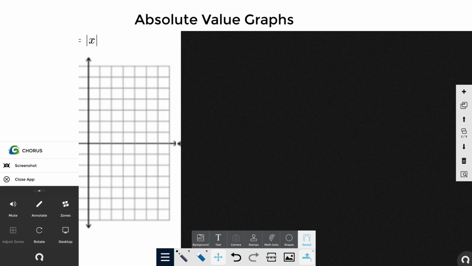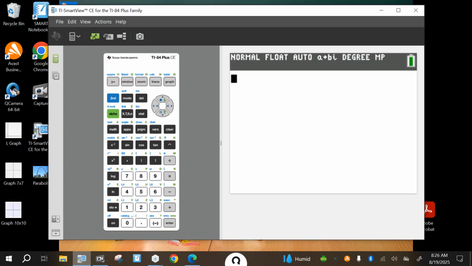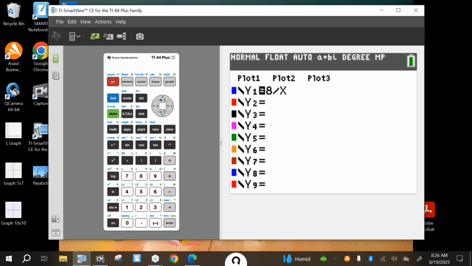So everybody grab your calculators. And let's go to y equals. And how do we get absolute value again? Second zero enter. Good. Finding that absolute value.